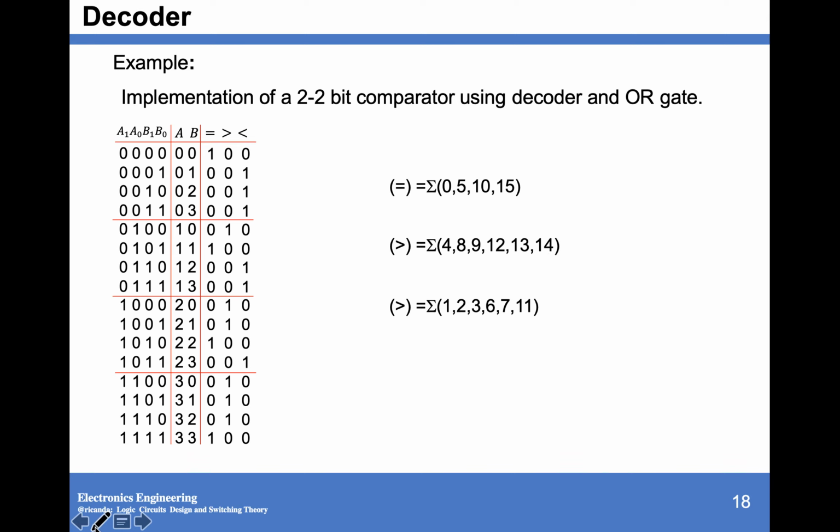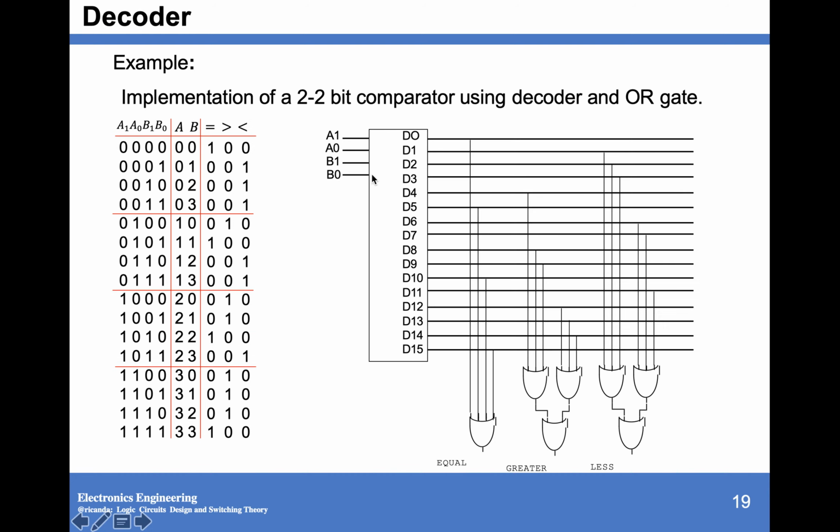Then for your less than, you have 1, 2, 3, 6, 7, and 11. We have to use a 4 by 16 because we have 4 variables in our input and it has output combinations from D0 to D15.